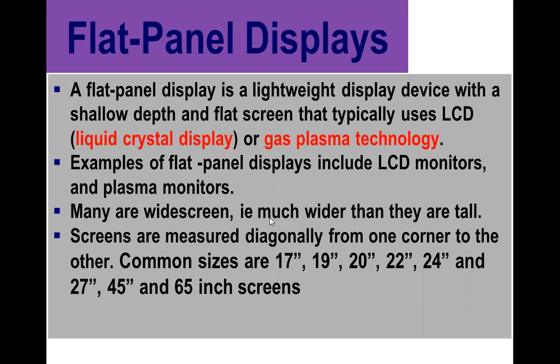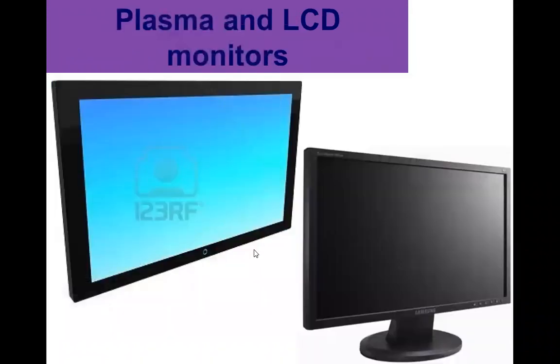When you look at the monitors we use in our lab, if you still remember those monitors, the LCD monitors, we have these two kinds of monitors. This one is called the plasma monitor. It uses the plasma technology to display.